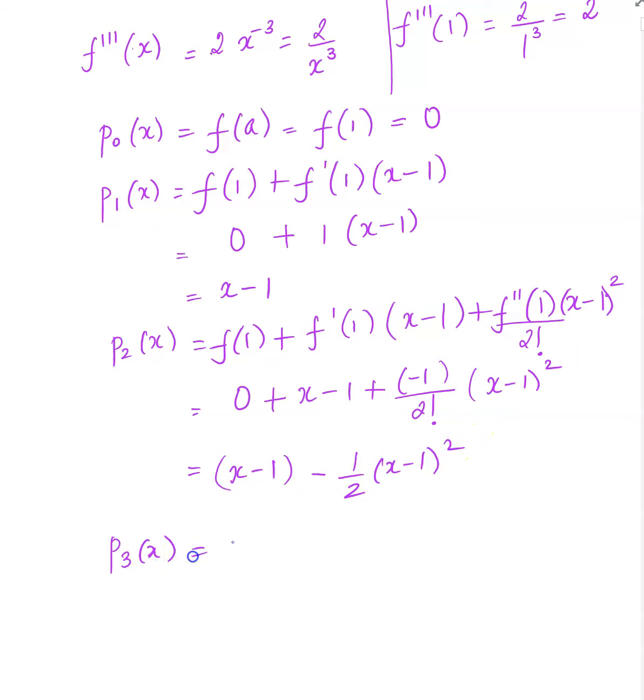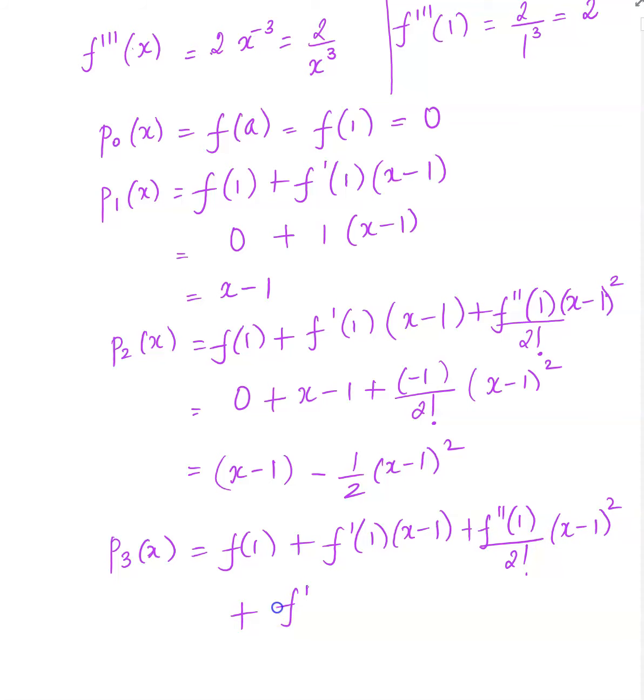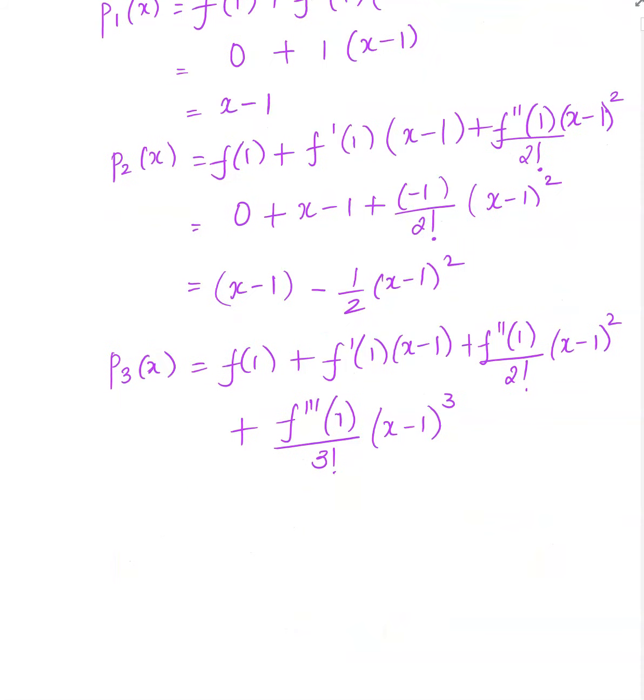And p3 of x, plus the third term. We'll use p2, which was x minus 1 minus half times x minus 1 the whole squared, and focus on the last part.